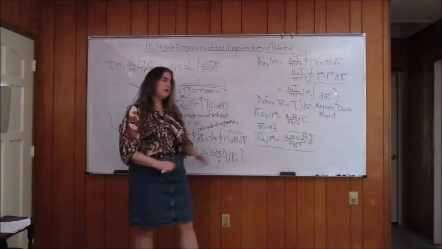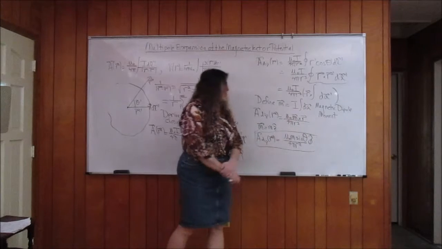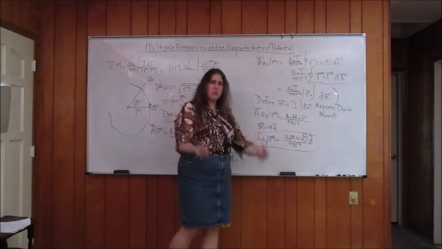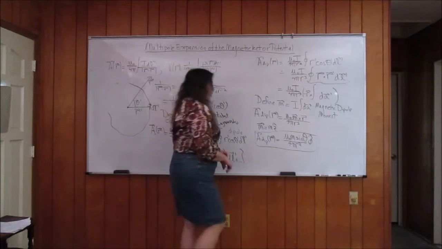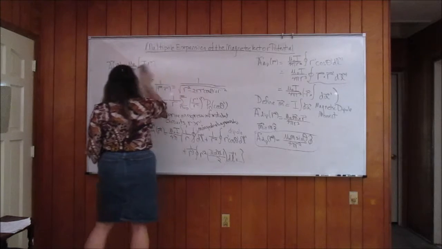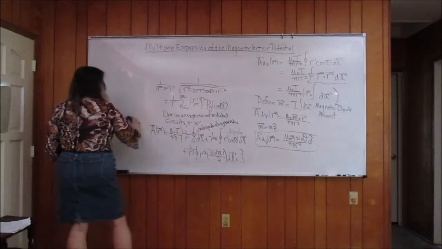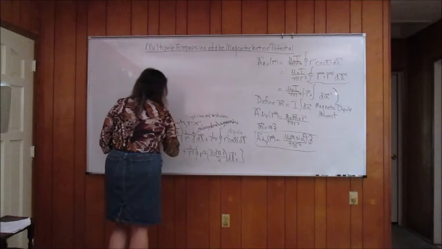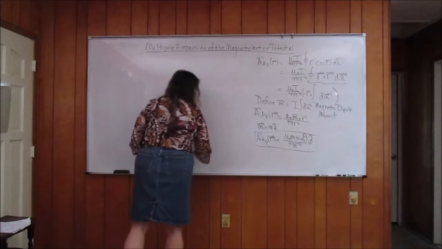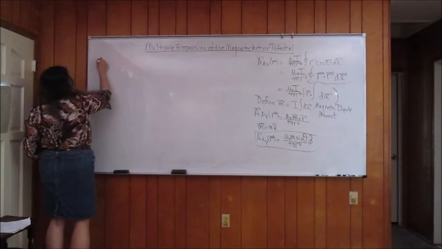So therefore, I can write the magnetic vector potential, the dipole, as mu naught m sine theta over 4 pi r squared in the phi direction. I want to go one step further and figure out what the magnetic field is. I'm just going to rewrite this expression up here first.